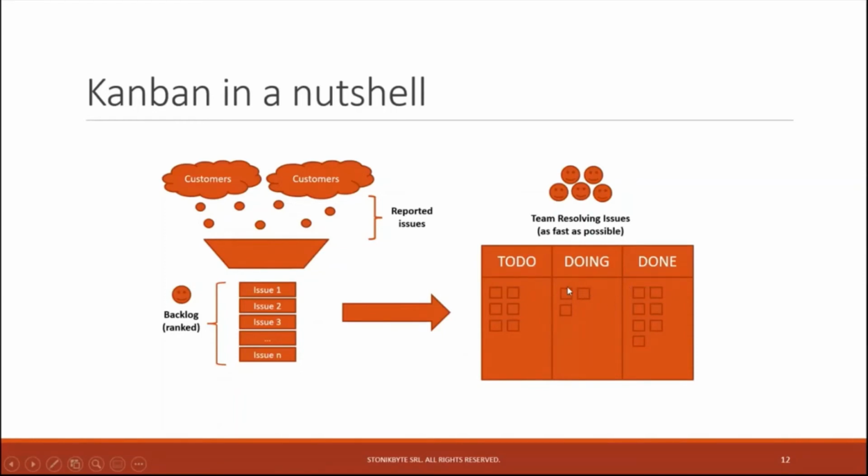So this is cycle time, where it could be from to do to done as well. It depends, but mainly it's since the moment the team started working effectively on the issue until the moment they mark it as resolved. So it's about the internal process. How long does it take the team to resolve an issue?